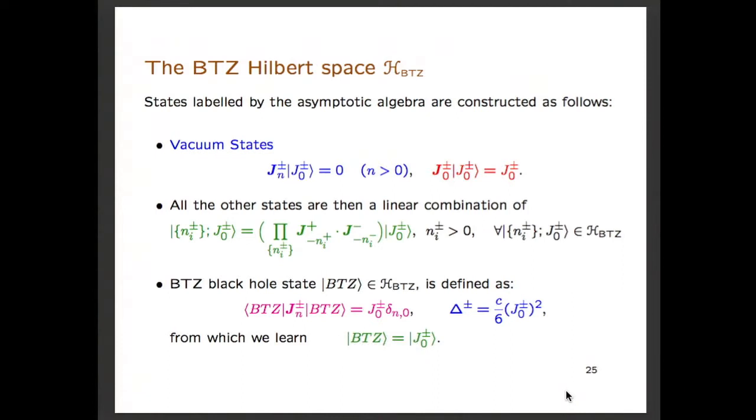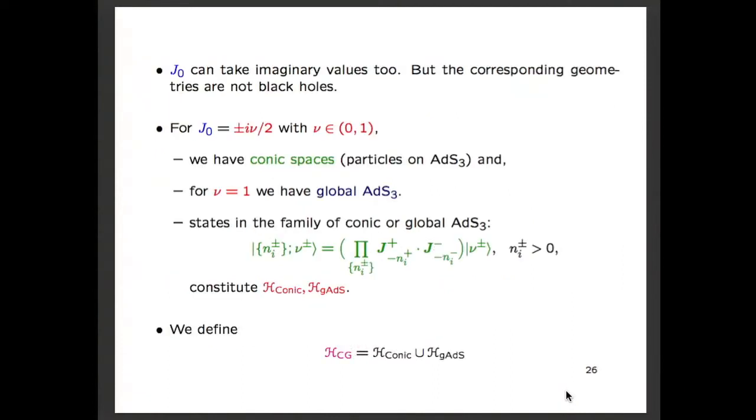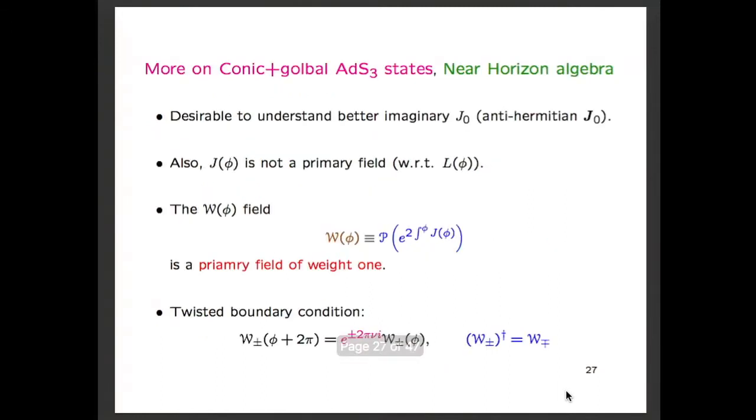If I just focus on the cases where J naught is not real valued, this means that the corresponding operator is not Hermitian, and it's better to look for a different realization of the same charges or fields.